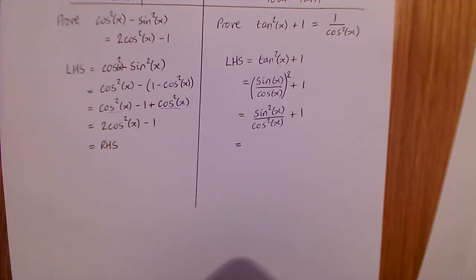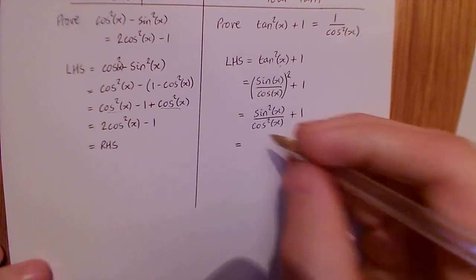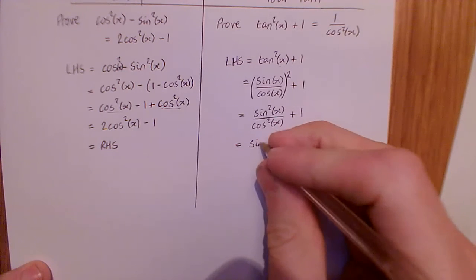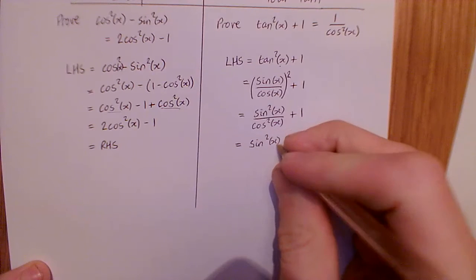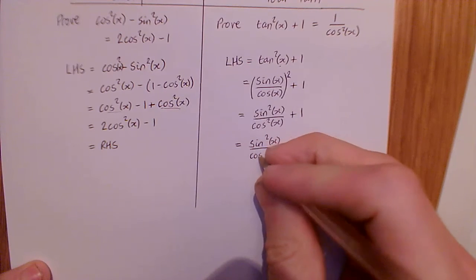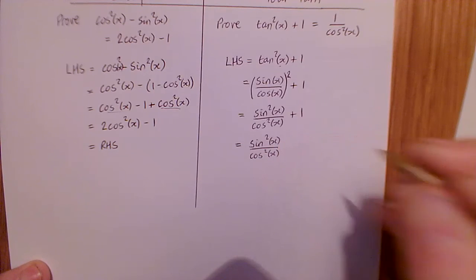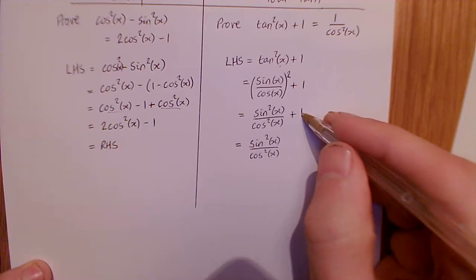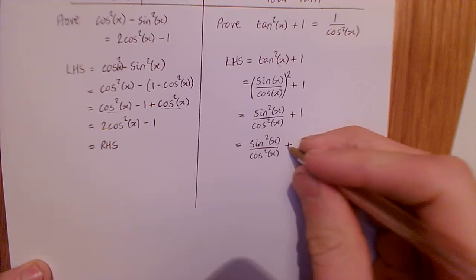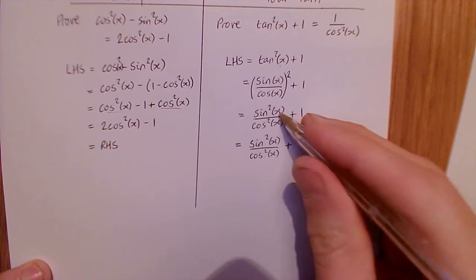Now, if you got that far, well done. You're doing really, really well, because the next step is a trick that you will get used to once you've seen it. But first time you meet it is something that you just have to kind of look at and go, oh yeah, that kind of works. So if we had numbers and I was adding a 1 onto a fraction, I could actually say I was adding fifths.